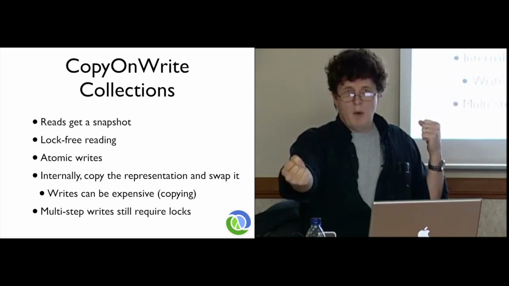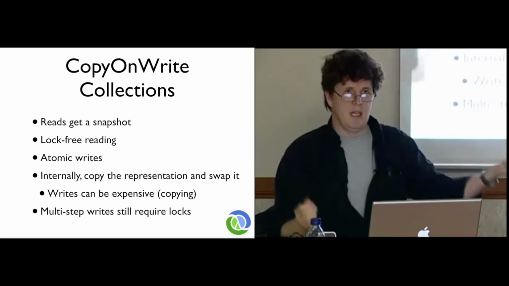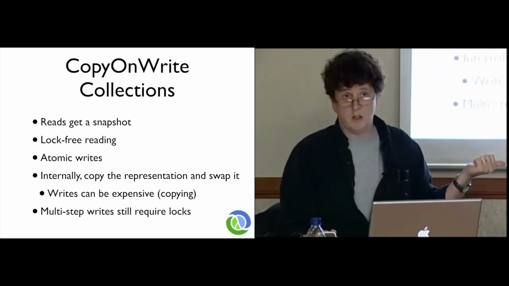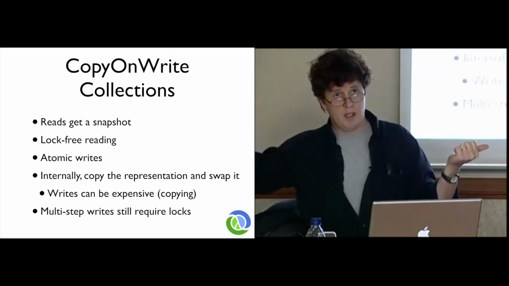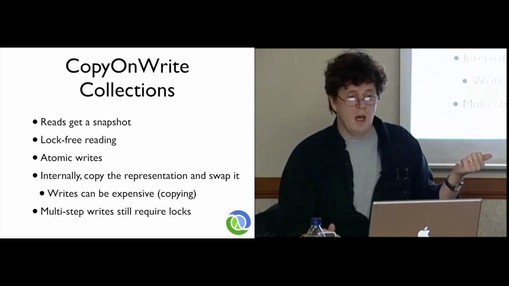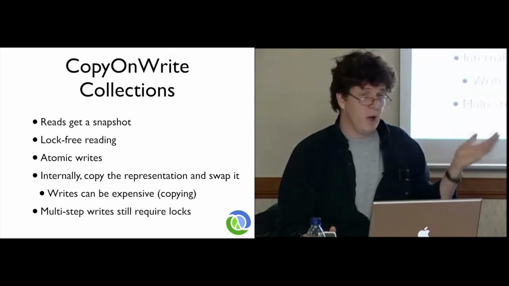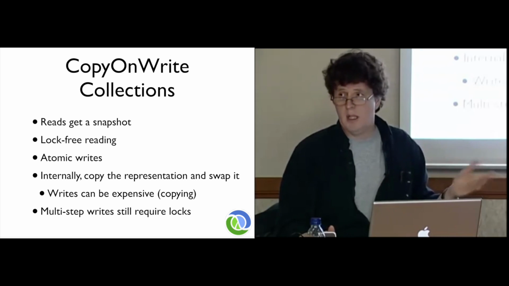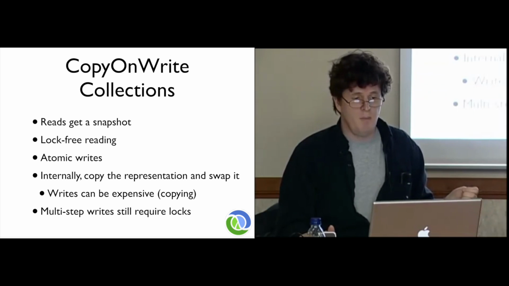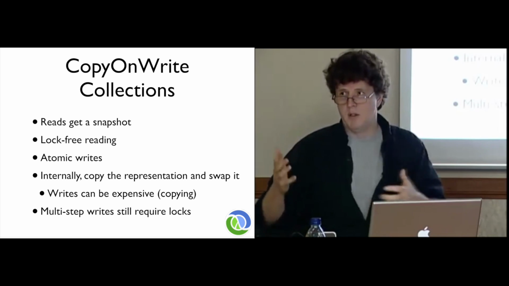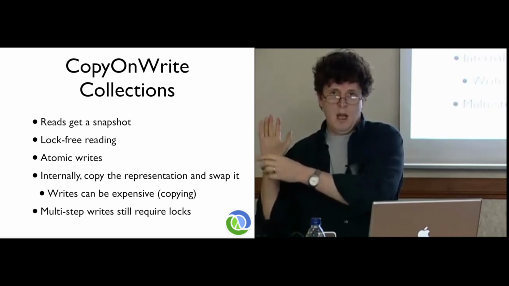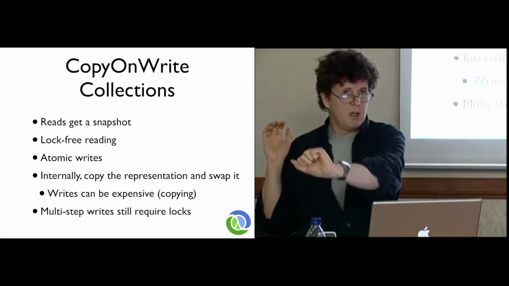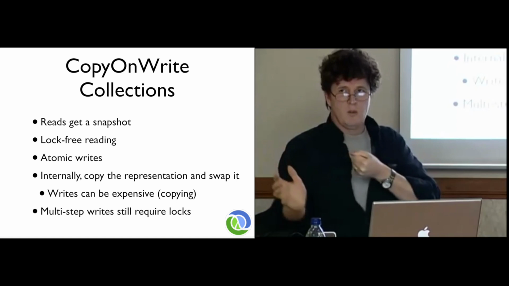Which means that whenever anybody reads, they get a copy of the data that was there. That is never going to change, because what's going to happen is a new set of data is going to get swapped in. So reads are lock-free. Anybody that wants to read a copy on write collection can read it freely, and there's no locking associated with that. Writes are atomic, because you sort of prepare all the data over here, and then with an atomic compare and swap operation, swap in the data.